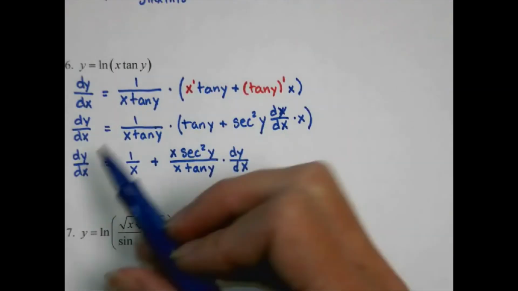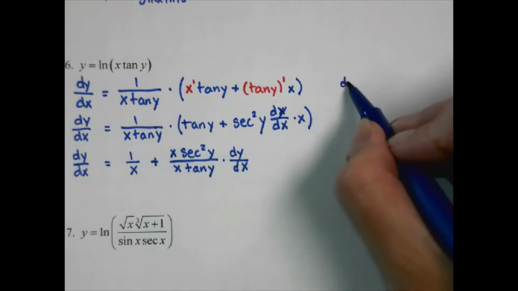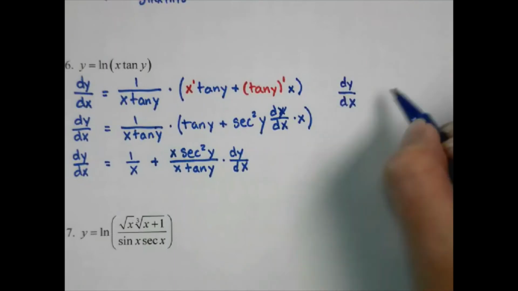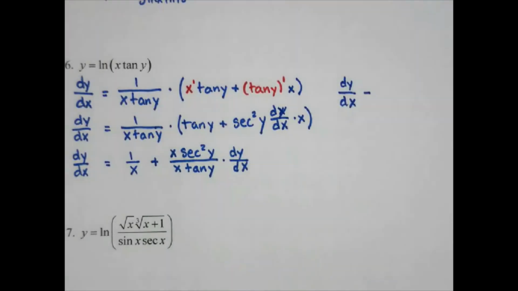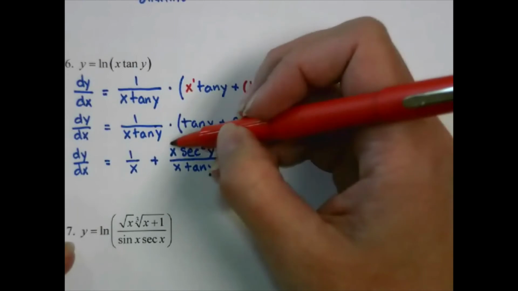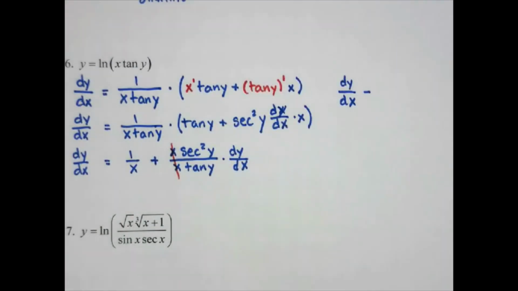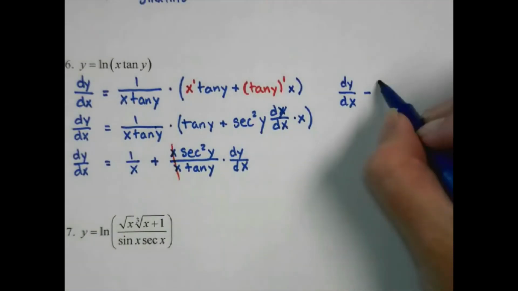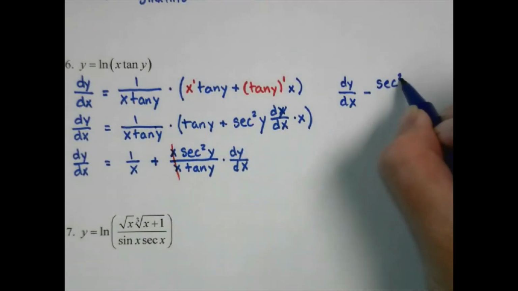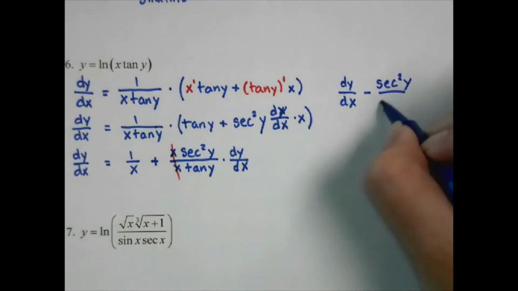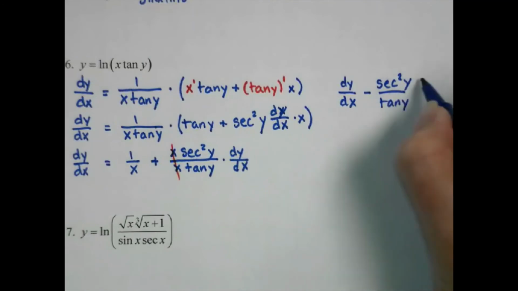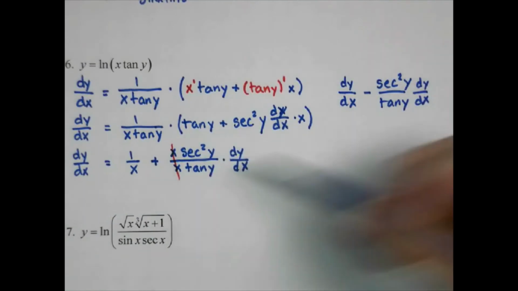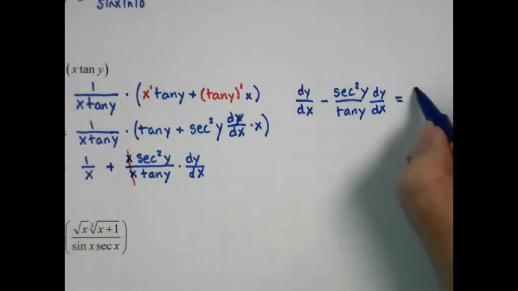So next I'm going to move this over to this side. So we're going to have dy dx minus, and the x's do reduce. And you can reduce these trig functions. I'm going to leave them like that for now. But you'll notice if you look at the PDF notes, I did simplify it, but you don't have to. Okay, all of that equals the 1 over x.